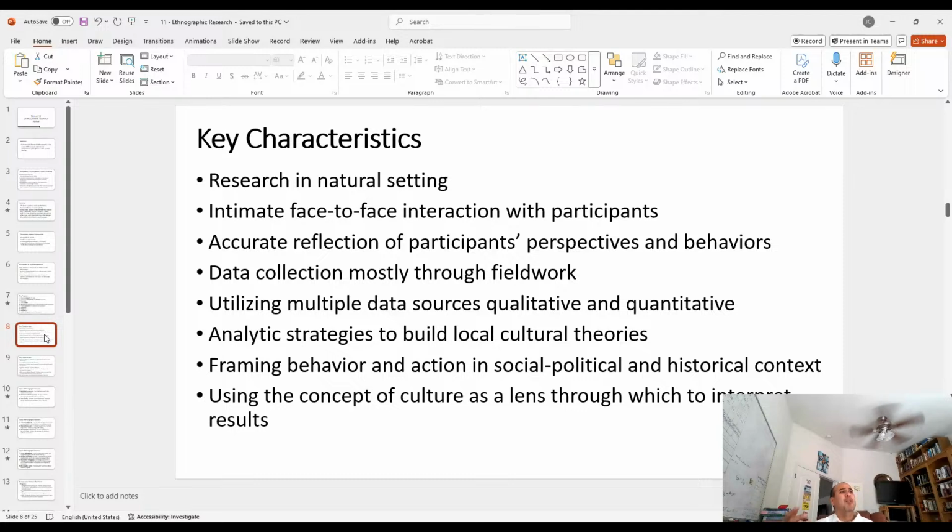You utilize multiple data sources of qualitative and quantitative if you need to, right? This is one study where it was a qualitative study. It required some ethnographic work, but really it also required a lot of qualitative research interviews. I had to go to the natural setting and interview people. The study that I did also required surveys with those participants.